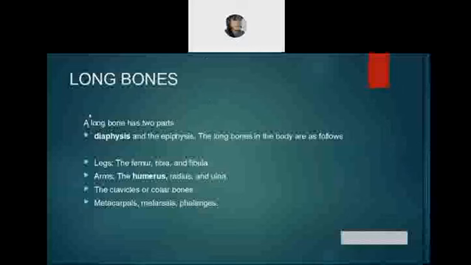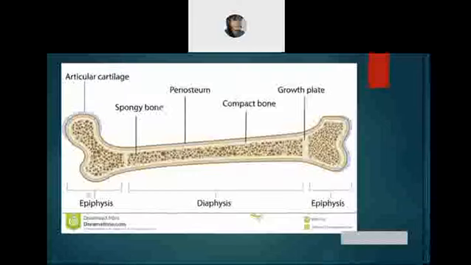Okay, let's see long bone. Long bone has two parts, one is diaphysis and the other epiphysis. Yesterday I told you, this is epiphysis. Where is it situated? No need to draw this part, only these parts you draw.